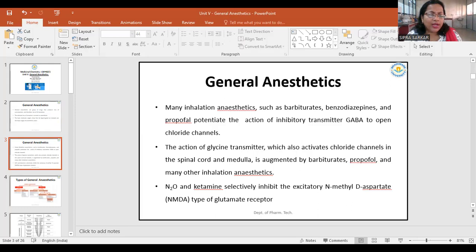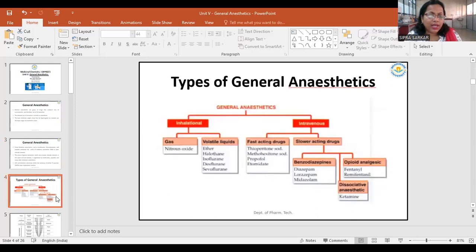Next, types of general anesthesia. See the slide. General anesthetics are classified into two categories: inhalation anesthetic and intravenous anesthetic. In inhalation anesthetics, gaseous and volatile liquids are used. In gaseous anesthetics, nitrous oxide is used. In volatile liquids, ether, halothane, isoflurane, desflurane, and sevoflurane are used.